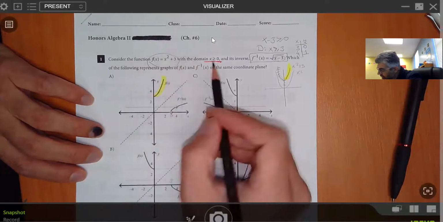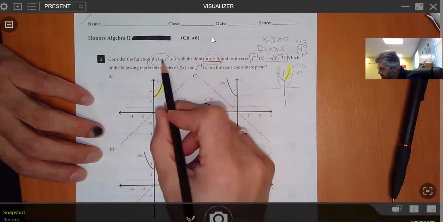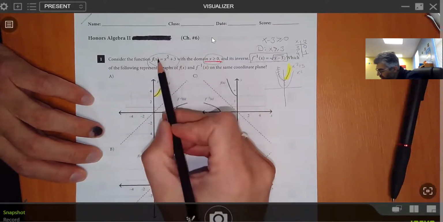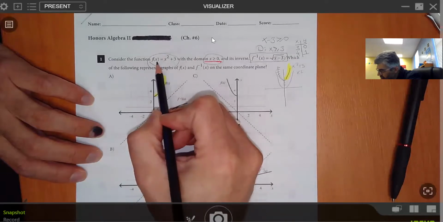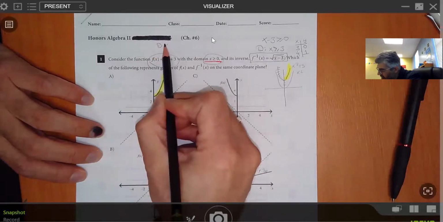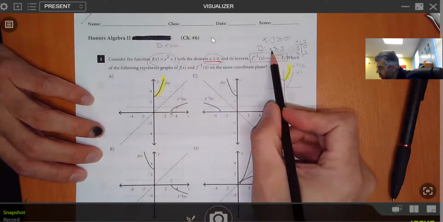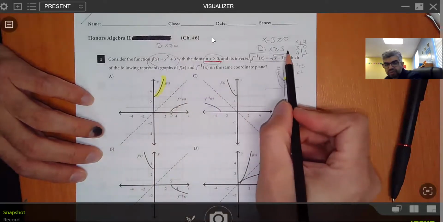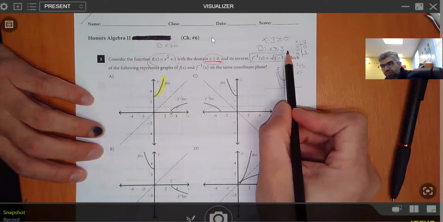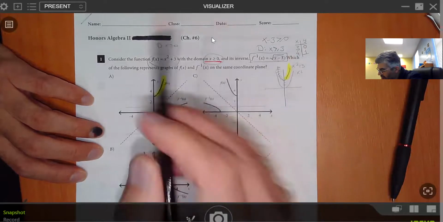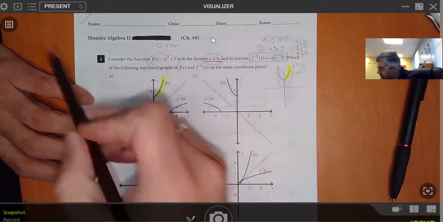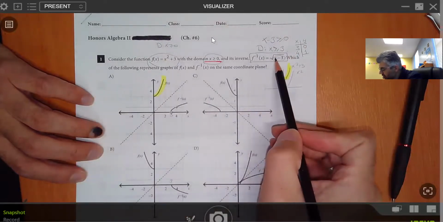And if we come back to this, remember, the domain of the function is given here, x greater than or equal to 0. Here, the domain of the inverse function, x greater than or equal to 3. What we know about the domains and the range of functions and inverse of functions: domain of the function is the range of the inverse function. Let's check it out here.